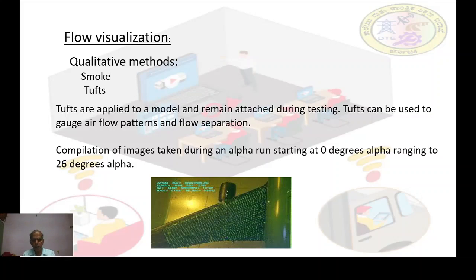The disadvantage of smoke is that it does not work well at higher speeds. The smoke must be introduced at the proper location without altering the flow, and the smoke can leave a residue in the tunnel or on the model, depending on the type of smoke employed.